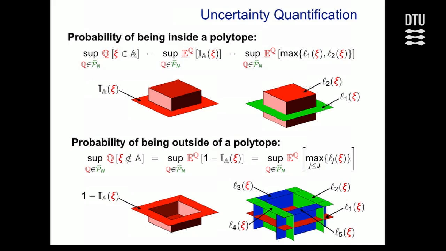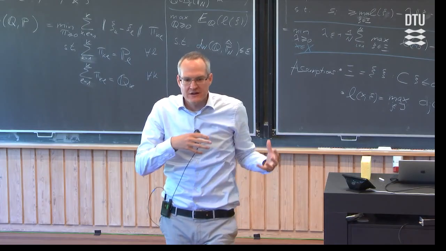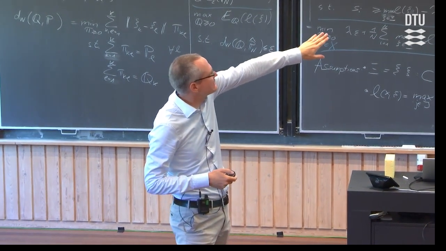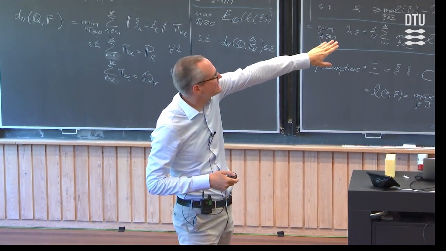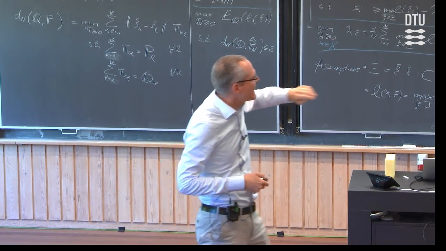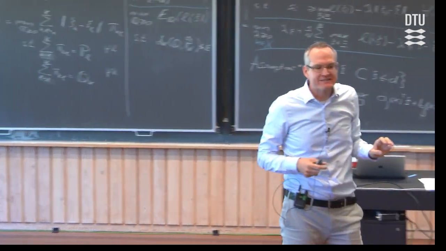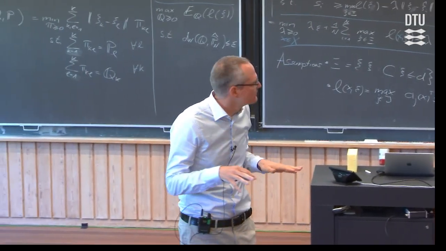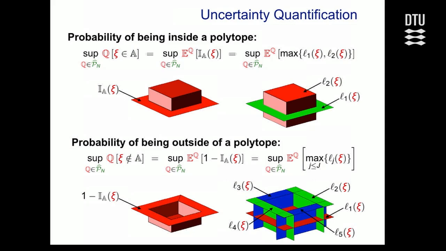We can also find the worst case probability of xi being outside of some polytope. Again, the probability that xi is outside of a polytope is the same as the expectation of 1 minus the indicator function of that set. And this can again be written as a maximum of finitely many concave functions. So that's visualized at the bottom at the right. These finitely many functions are again the function that is constant 0, which is the red function.